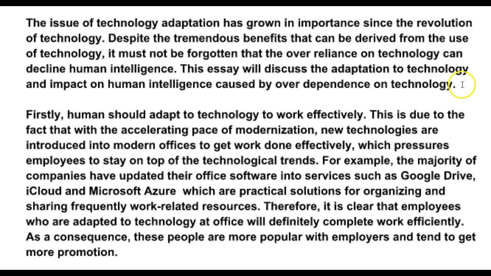I love your intro. I think you have covered all of the points actually, but in order to get your opinion in there as well, it needs some rephrasing. So the first sentence should discuss the two sides of the argument in a discursive essay.